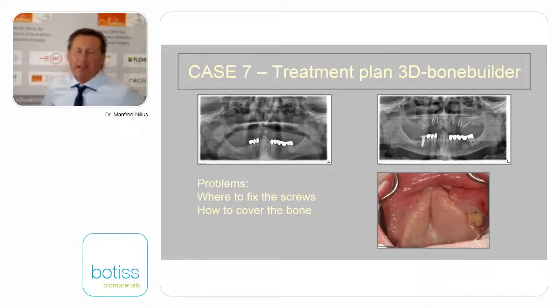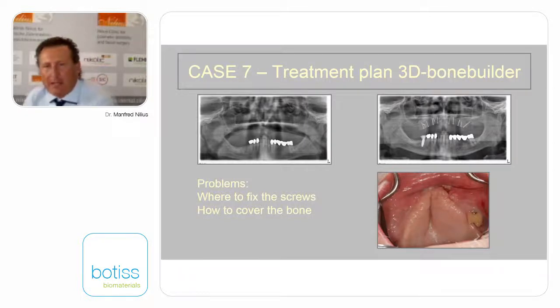It was typically there was an inflammation, and we had to remove one of these screws. This is normal when you make so big augmentations. So not only where to fix the screws, it's how to cover the bone.